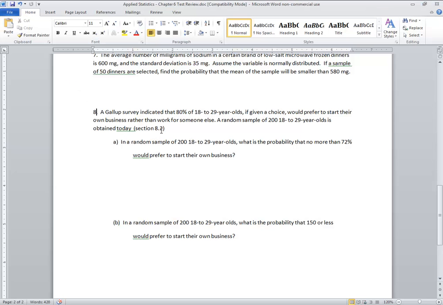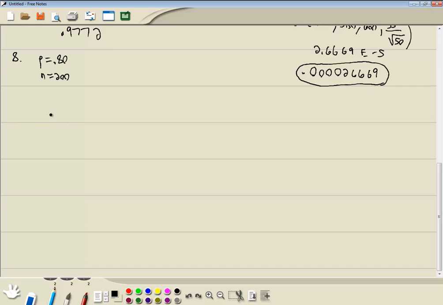In a random sample of 200, what is the probability that no more than 72% prefer to start their own business? No more than 72%. So it's telling us p hat is equal to 0.72, and no more is shaded to the left.